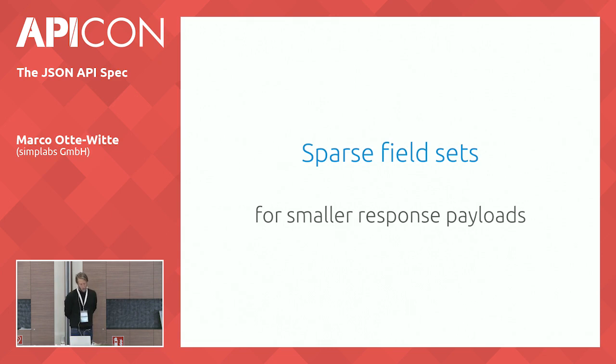Sparse field sets mean that you can specify which fields you want to have included in the resource for a particular resource, and that's obviously handy if you request a lot of data where it's actually relevant to leave out some fields to keep the response body smaller, or if you have resources with huge fields, like base 64 encoded binaries or whatever that you don't want to load every time. You just need the name of that resource, maybe.